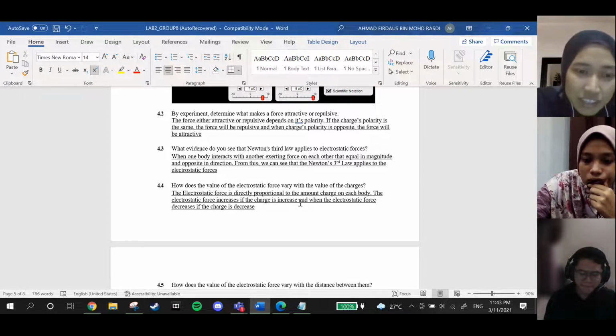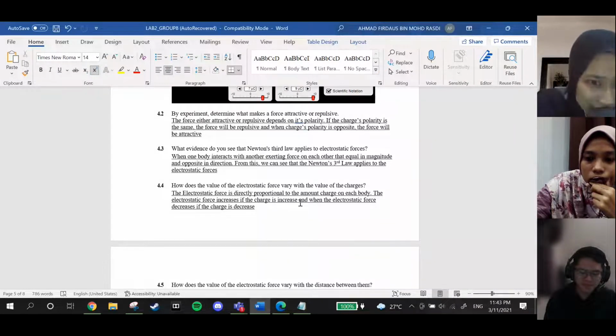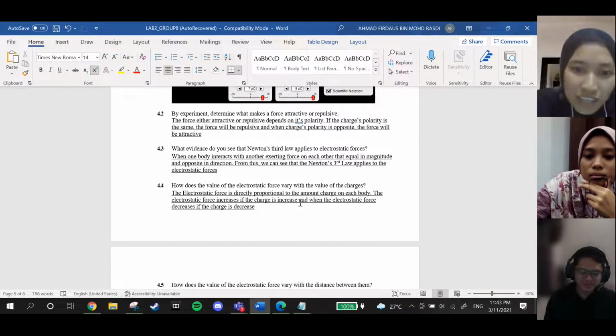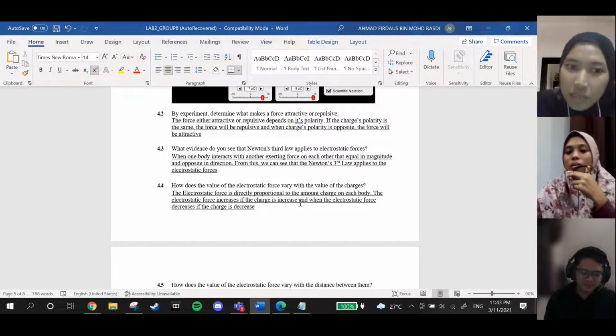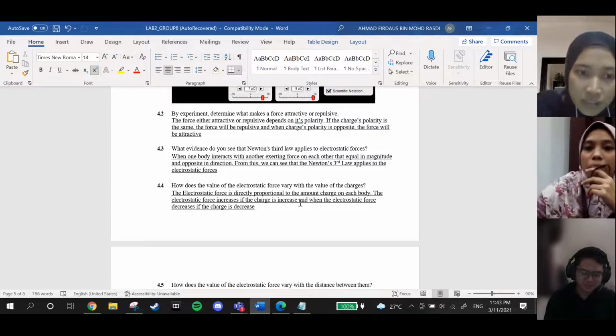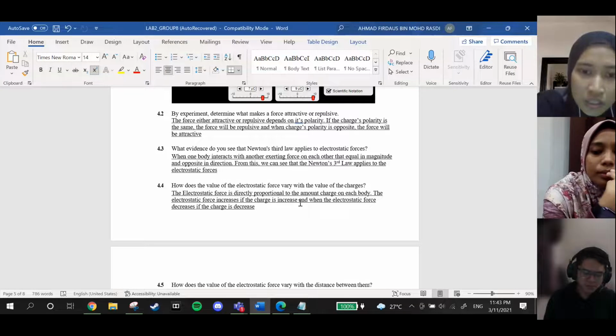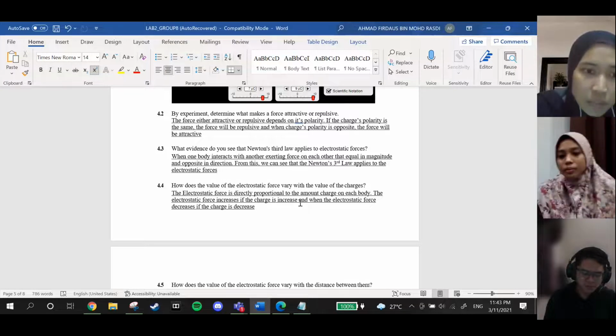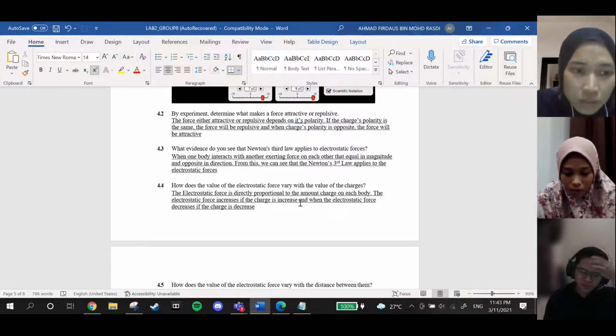So the evidence that we see is that when one body interacts with another, they exert forces on each other that are equal in magnitude and opposite in direction. From this, we can see that Newton's third law applies to the electrostatic force.